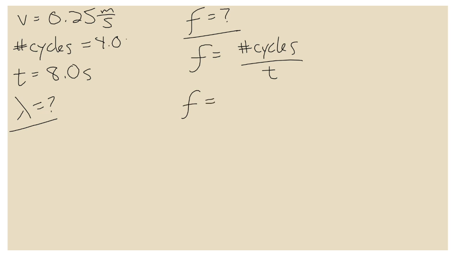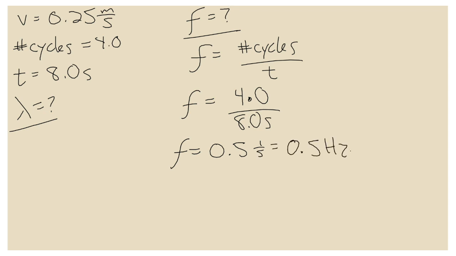Now all we have to do is plug in. We have 4.0 cycles, and remember, we're not going to write down the word cycles. That's a unitless number here. It's just 4.0. And then we divide that by the time, 8.0 seconds. And when we do that, we end up getting 0.5 per second, which is equal to 0.5 hertz.